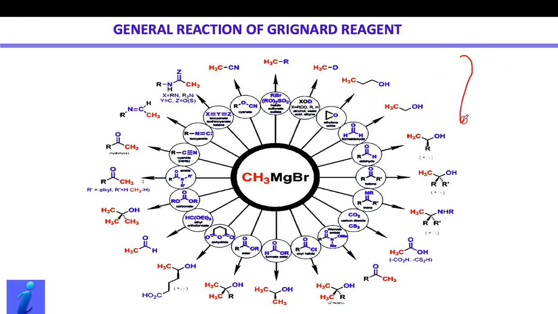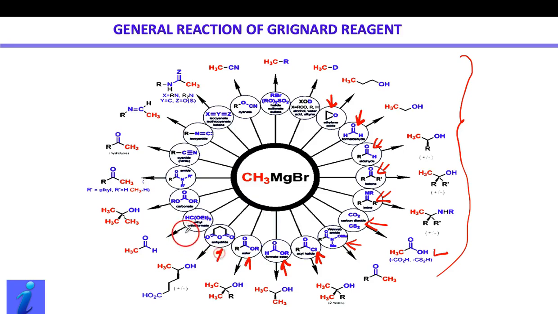I've tried to mention all the reactions of Grignard with different reagents, starting from cyclic compounds, formaldehydes, aldehydes, ketones, imines, carbon dioxide giving you carboxylic acid, O-methyl substituted amides, acyl chlorides, and esters.